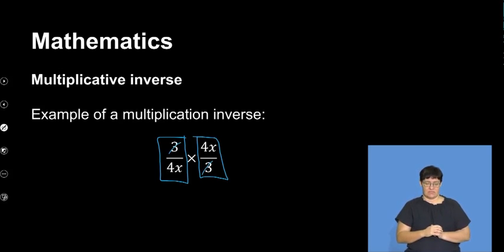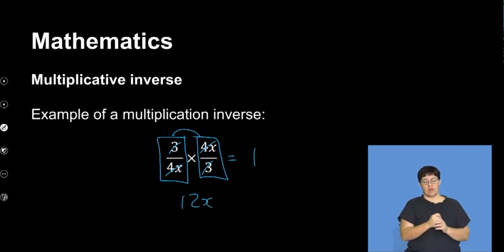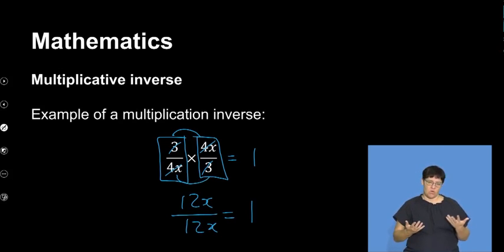Because the 3 and the 3 will divide, the 4x and the 4x will divide, and this will give me an answer of 1, as the instruction said. Or some people prefer multiplying the numerator with the numerator, which will give me 12x, over the denominator with the denominator, which will also give me 12x, and then my final answer will be 1. So at all times, you must get 1 as your final answer.